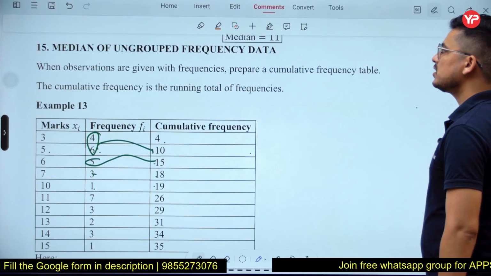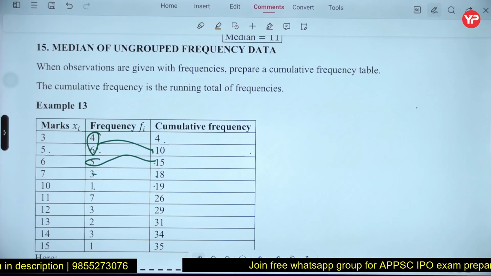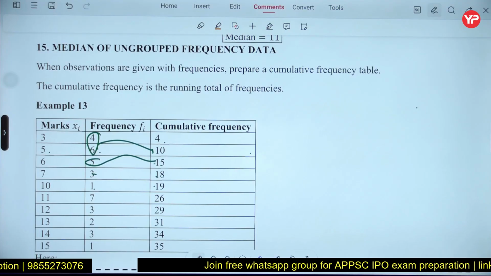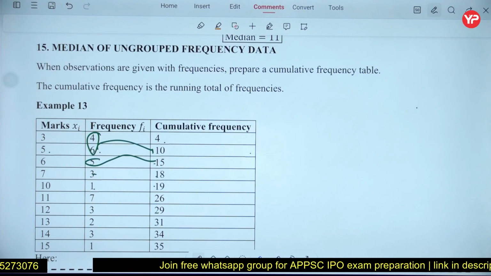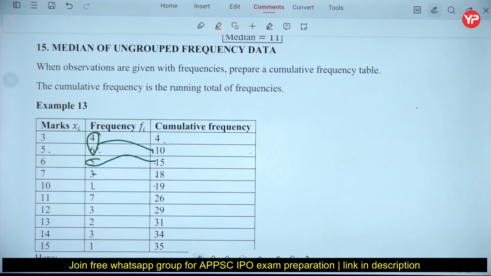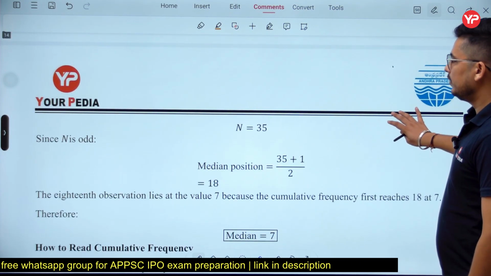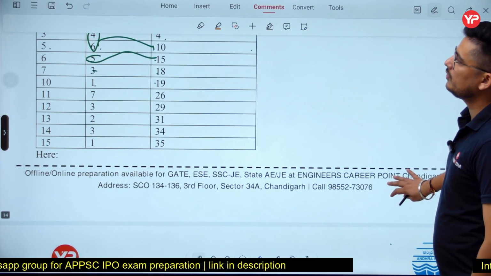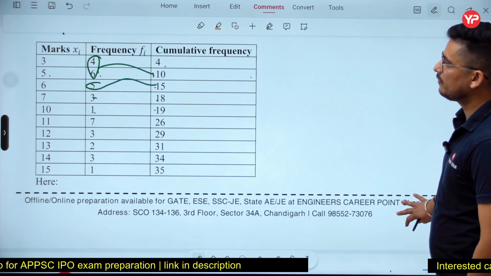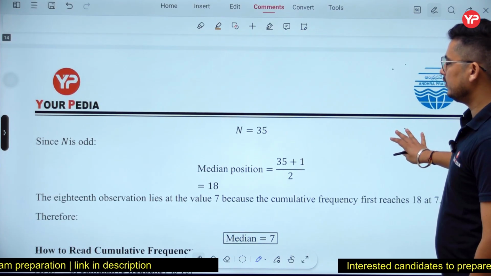So when observations are given with frequency, you have to prepare a cumulative frequency table. The cumulative frequency is the running total of frequency, as you are seeing here. Now we observe the number of observations. If you add the frequencies together, the summation of fi gives 35.